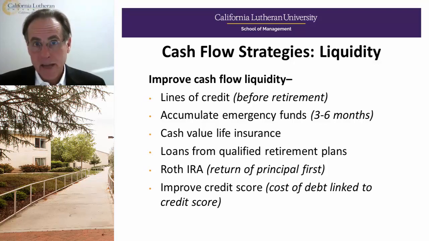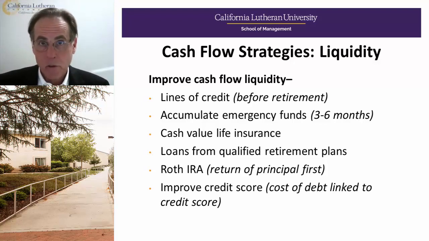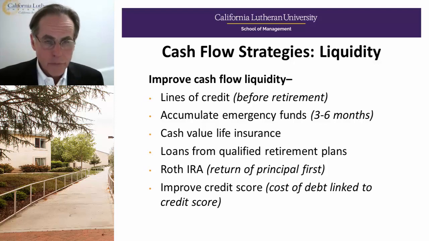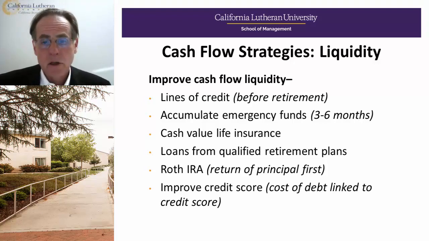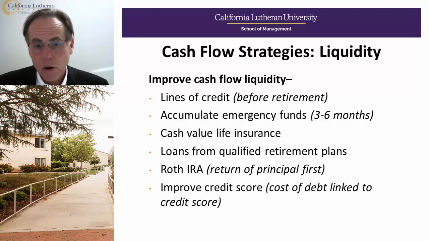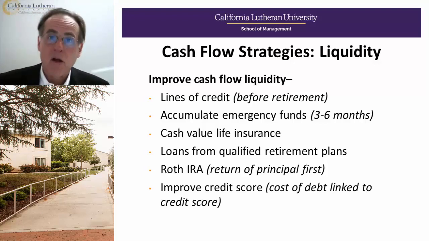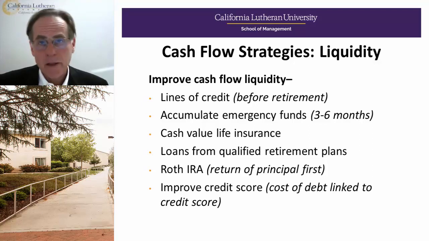Your client could tap that cash value if needed. They could then also access some of the money in those qualified plans. The Roth IRA is another source of liquidity flexibility in the sense that once it's been in place for 5 years, withdrawals from the Roth are return of principal first.